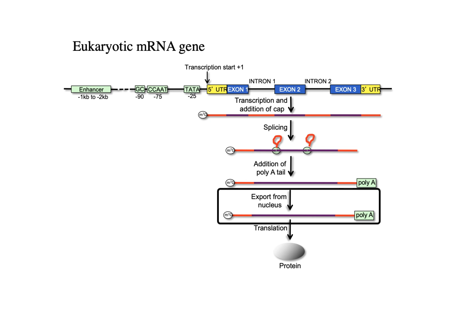Both the cap and the poly-A tail are needed in order for the mRNA to leave the nucleus. The poly-A tail is also important out in the cytosol because that controls to some extent the half-life of that mRNA, or how long it will survive in the cell.